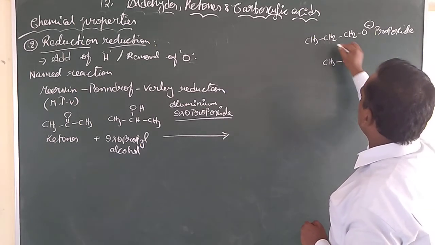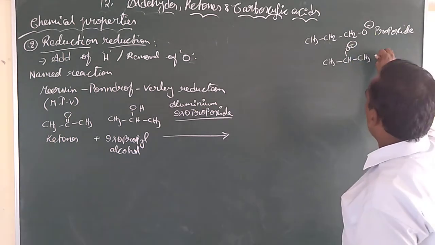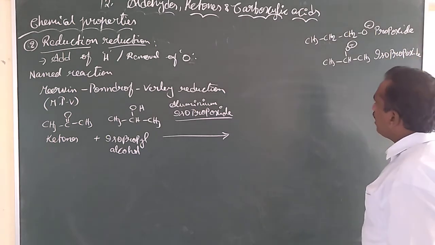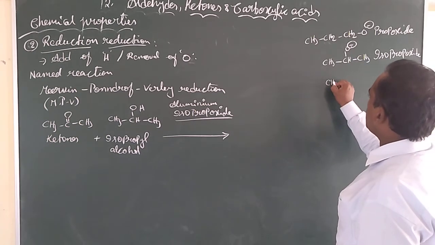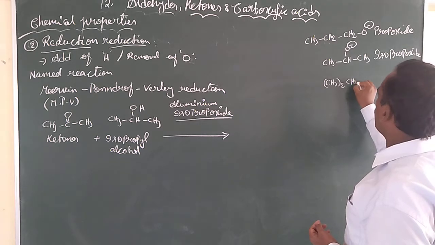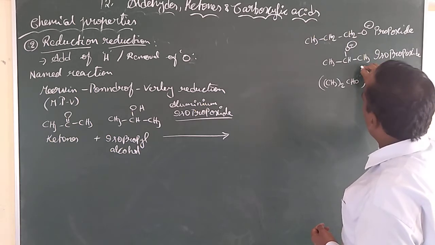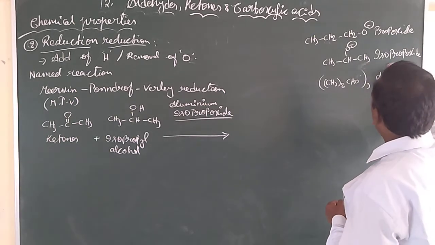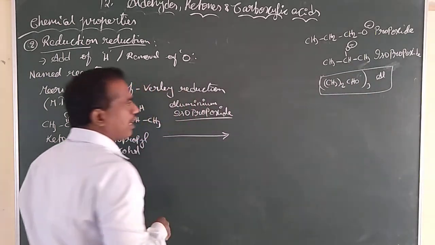(CH3)2CHO minus is called isopropoxide. Here aluminium is bonded to oxygen, which has a negative charge. So I am shortcutting it as (CH3)2CHO minus. It is called aluminium isopropoxide.